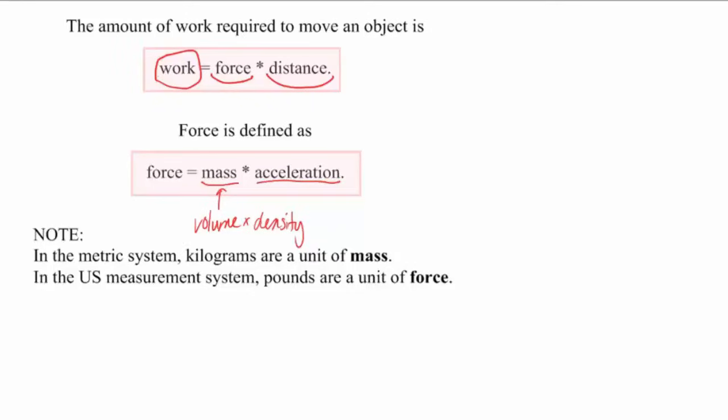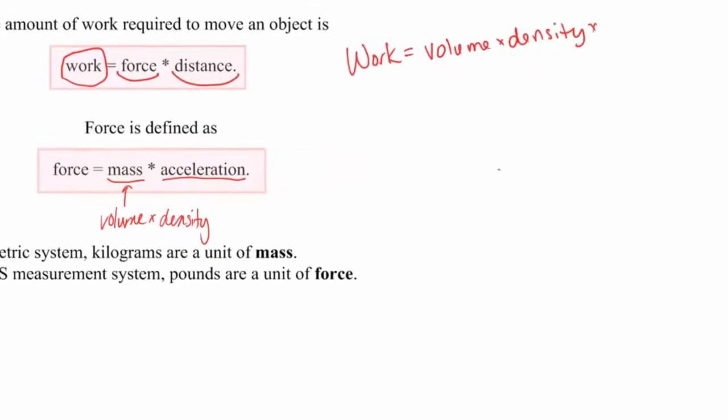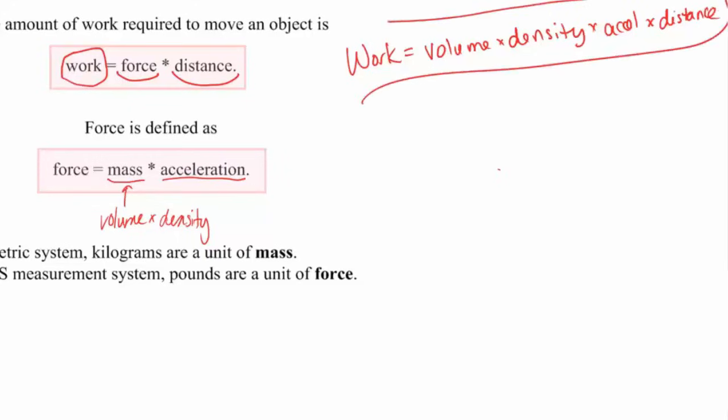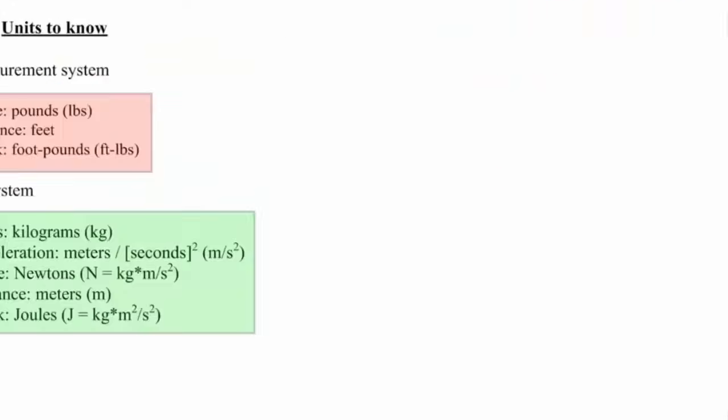All right, so if we want to find the total work, we're going to end up probably doing something like volume times density to give us mass times acceleration to give us force times distance to give us work. And we're going to end up doing all those things together if we want to find work.